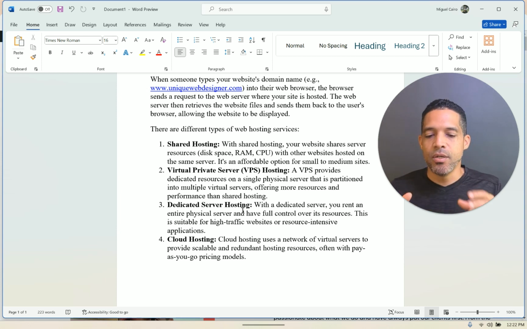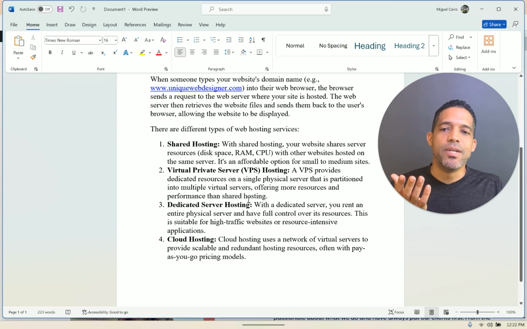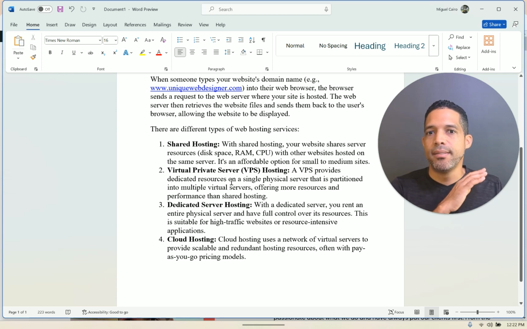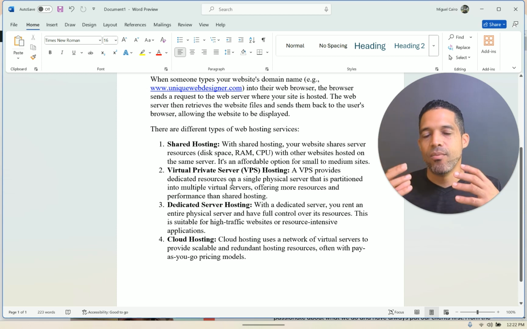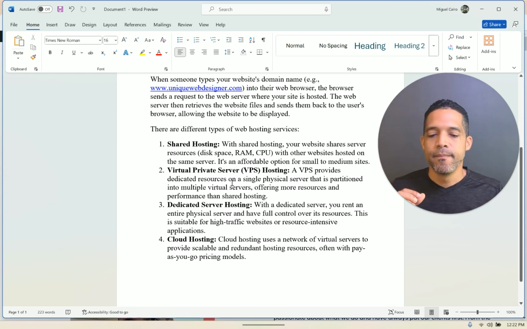I'm not even going to go too into detail with that one because you just don't need it. That's more for corporate America, or somebody that has a store with 100,000 products, something like that. They need a lot of resources, and in that case, yes, it would be useful to have a dedicated server.